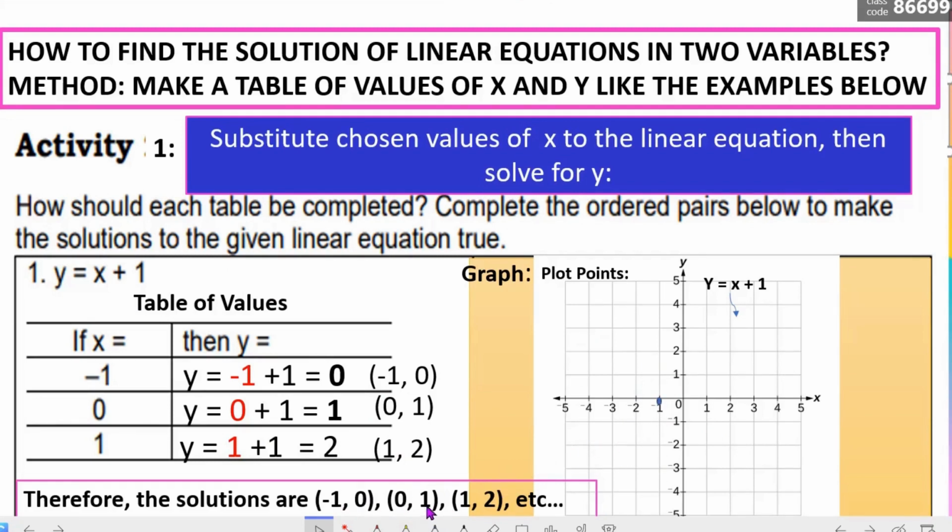And then (0, 1) is here. And the ordered pair (1, 2) is right over here. Join these points or solutions to the linear equation y equals x plus 1, and it will show you a straight line.